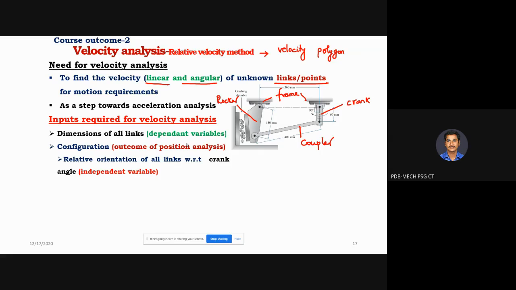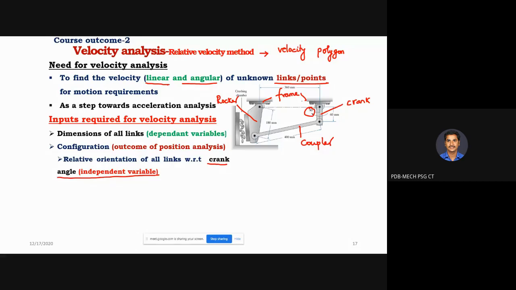Next, we need to know the configuration, which is the outcome of the position analysis, that is, we need to know the crank angle. What is the crank angle given here? 90 degrees, sir. Yes, the crank with respect to the frame is making 90 degrees.